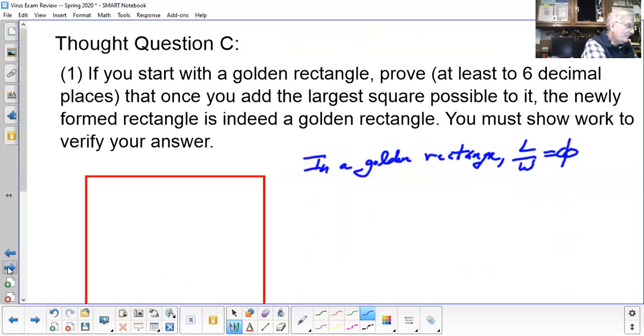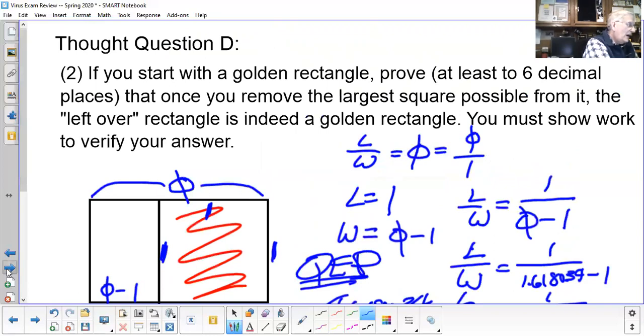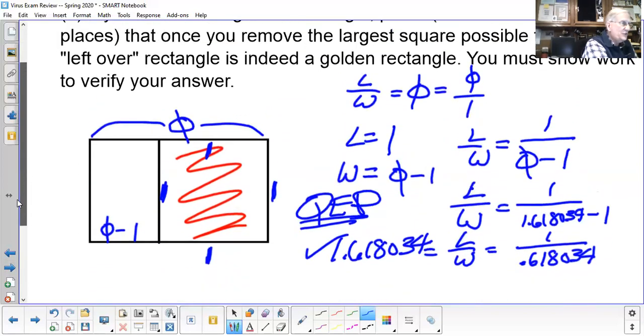Now, I will give you one of these two problems on the final exam. I'm not telling you which one, but you're going to have to informally prove to me one of the two cases involving the golden rectangle. You know it's true, and I want to see if you can come up with how to show it using the various symbols that I have suggested here.